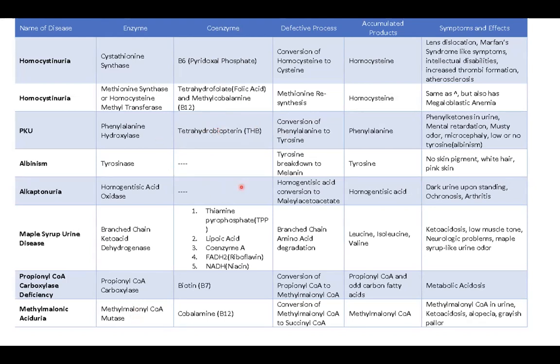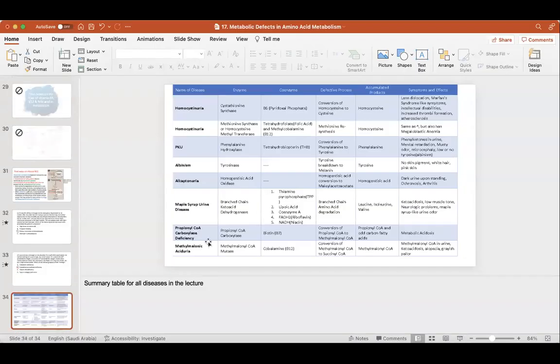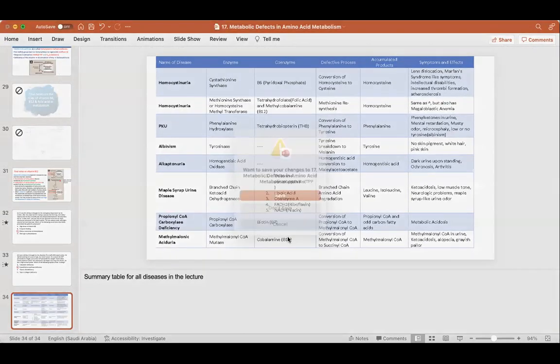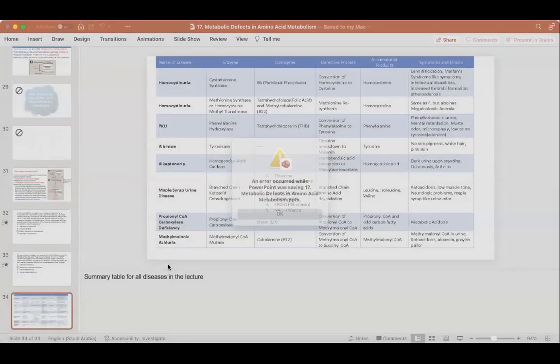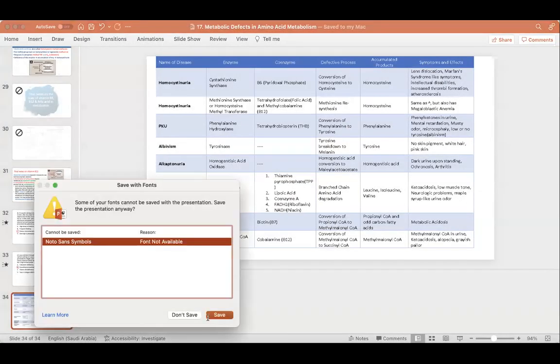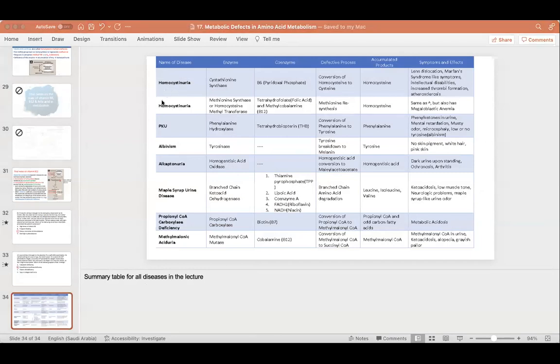Okay. Let me open the next one. 1 second, guys. Okay, can you guys see?